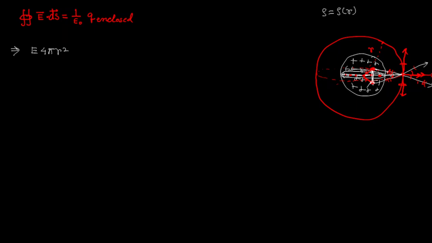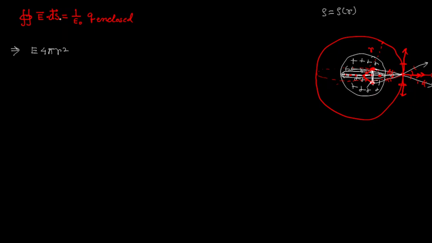Okay, so that means we can consider each point on the sphere in the same pattern, and we can show that the net electric field at this point will be in the radially outward direction. Not only this point, if we consider any other point on the Gaussian surface, using the same concept, you can justify that the electric field at every point on the Gaussian surface will be in the radial direction only.